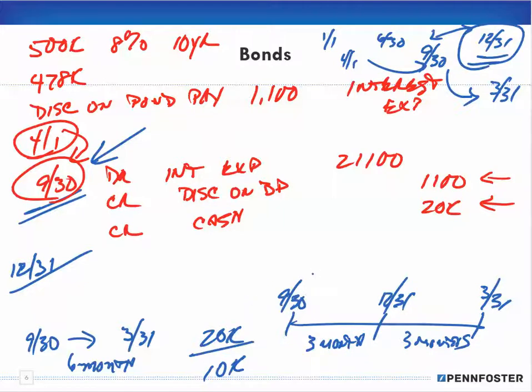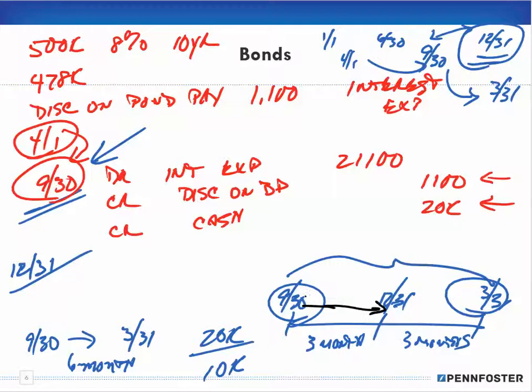But realize that depending upon the dates, you're going to have to calculate this time frame here and prorate everything, figure out how much it is for that particular period of time.